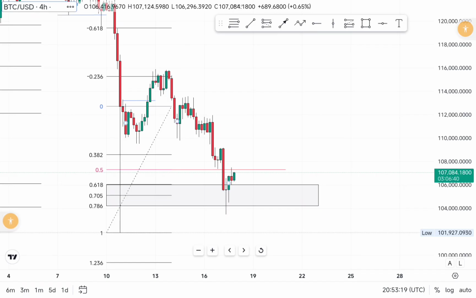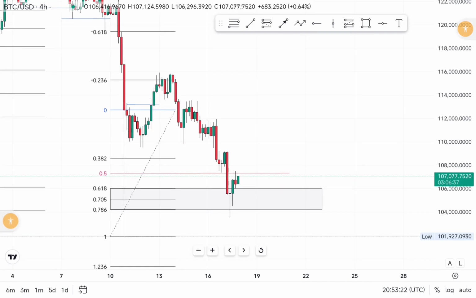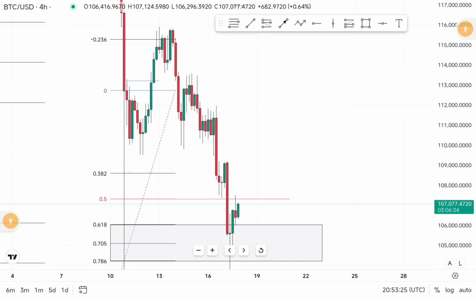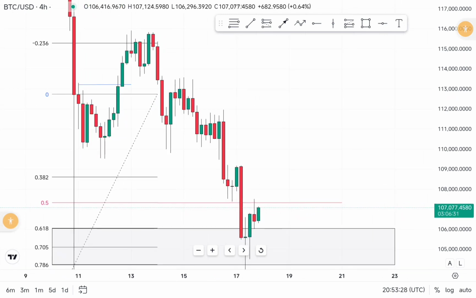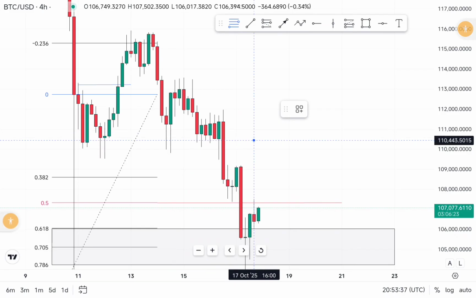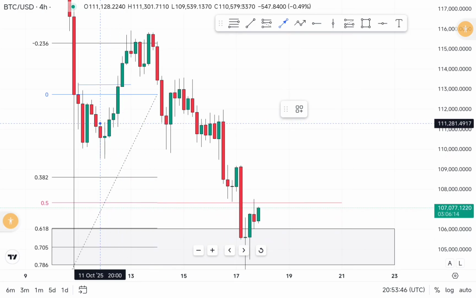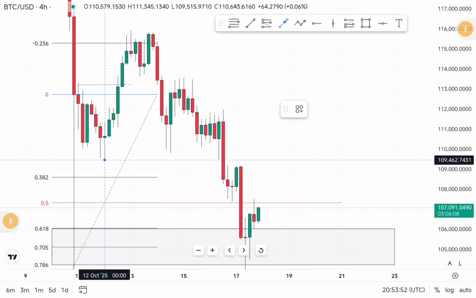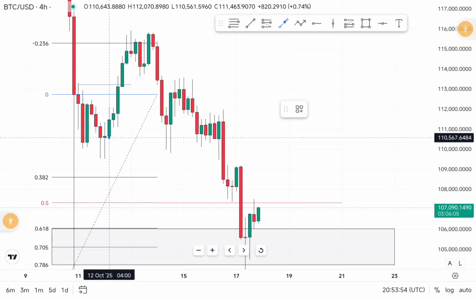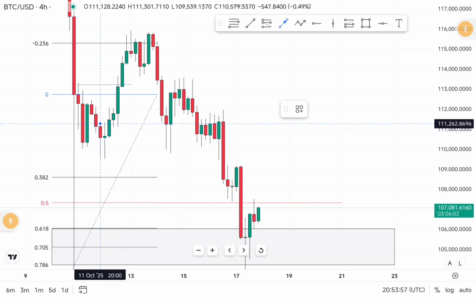So as you can see, from the 4 hours chart, looking at the FDP being plotted in the daily time frame, then we look for a change of character in the 4 hours time frame, which is the lower time frame, to know the extent of the upward movement of the trend.